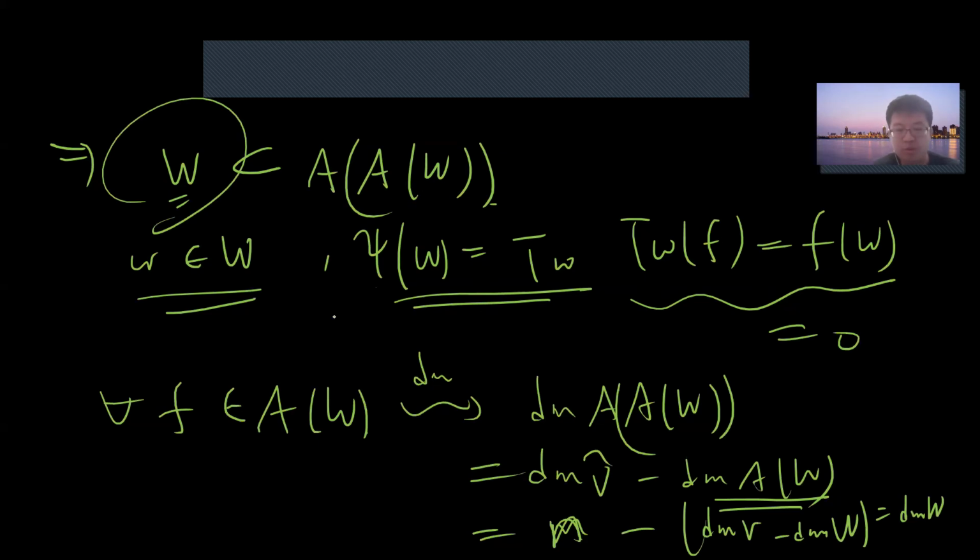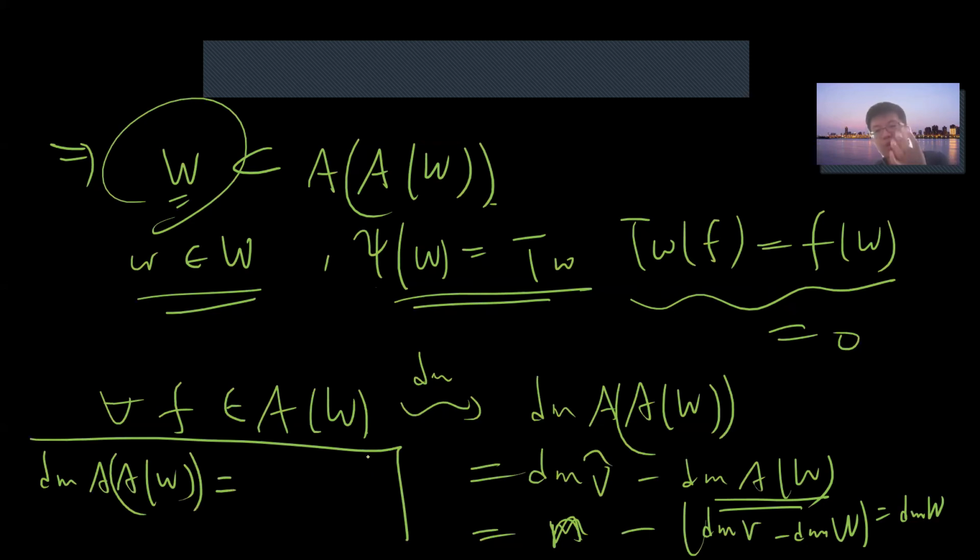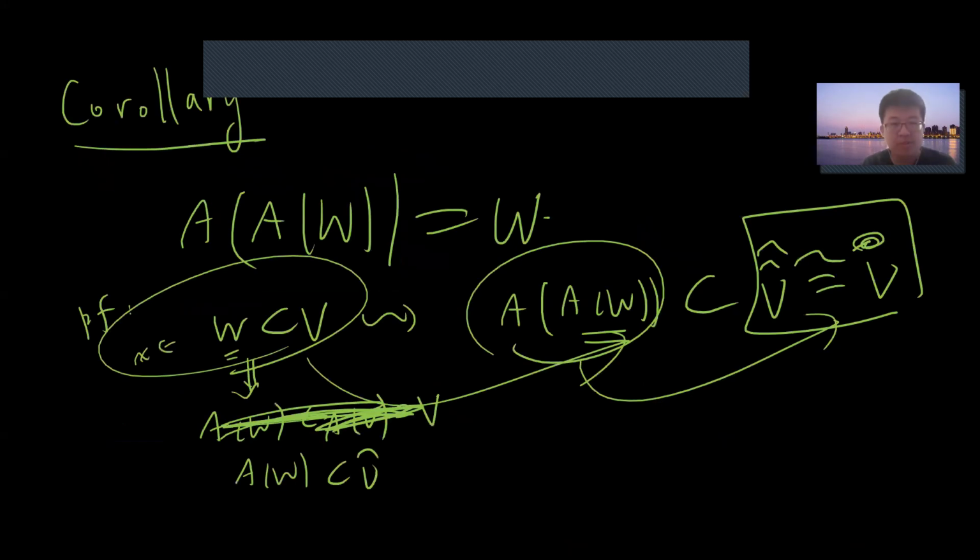You see, in linear algebra, dimension is so powerful. W can be contained in this, but they have the same dimension, so they must be equal. Okay, so we proved these results.